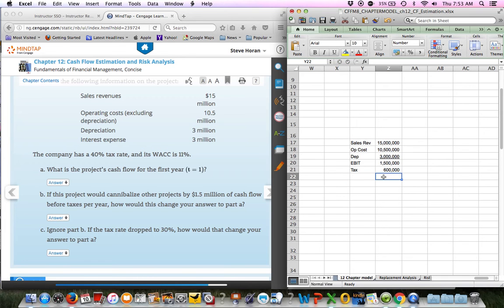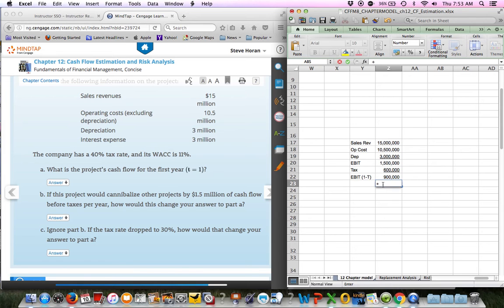After tax, I take 1,500,000 minus 600,000, hit enter, and we get the net effect, which is my EBIT times one minus t, after tax. So 900,000 is what I've got.